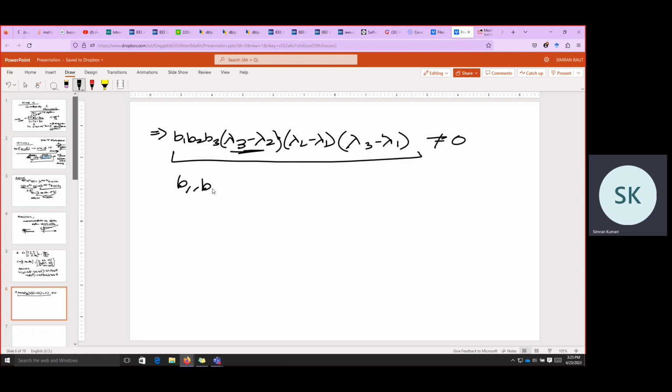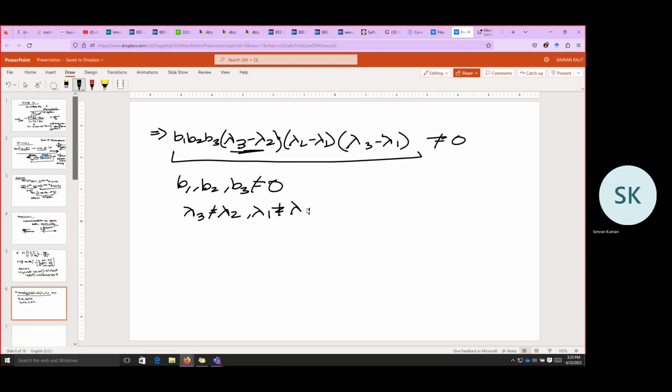That means B1, B2, B3 should not be equal to 0, and lambda 3 should not be equal to lambda 2, lambda 2 should not be equal to lambda 1, and lambda 3 should not be equal to lambda 1. Okay, so that means eigenvalues should be distinct.